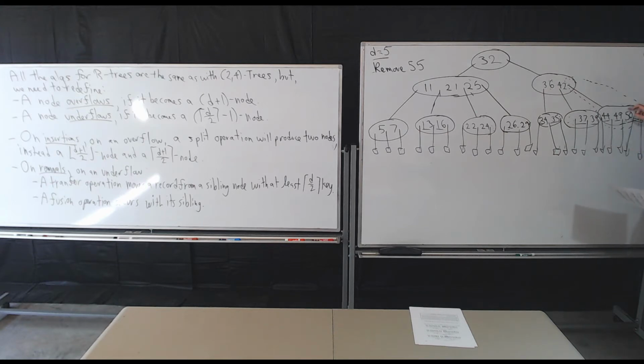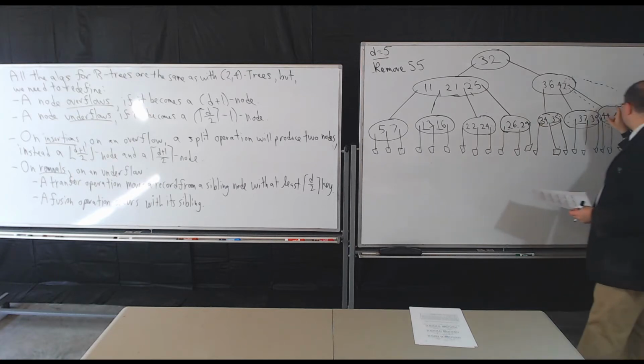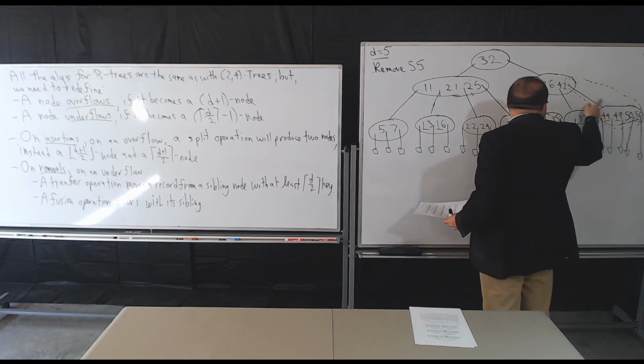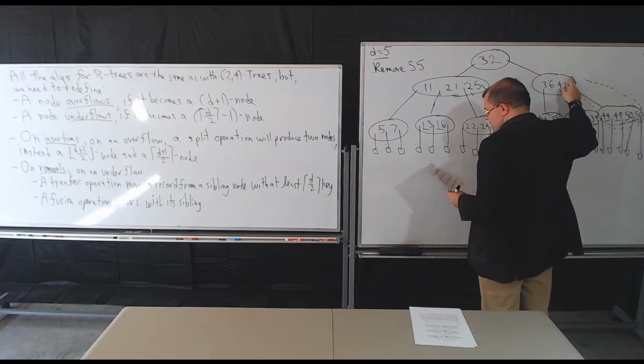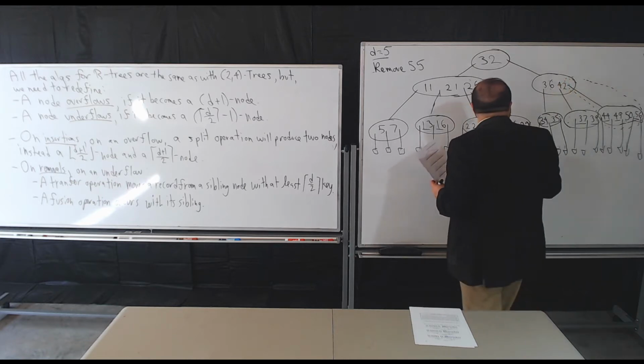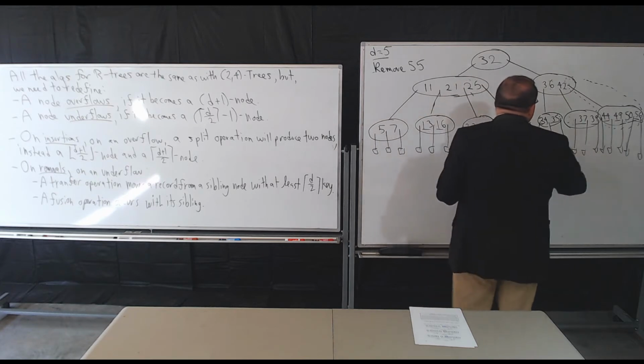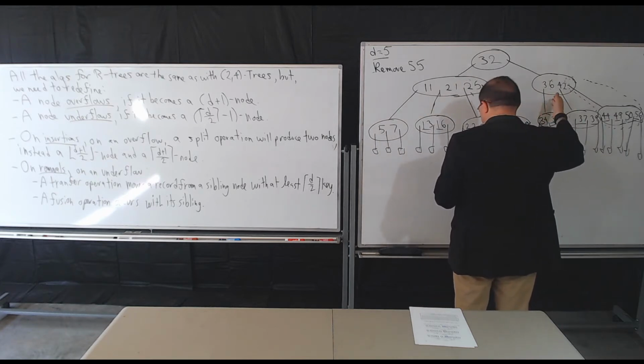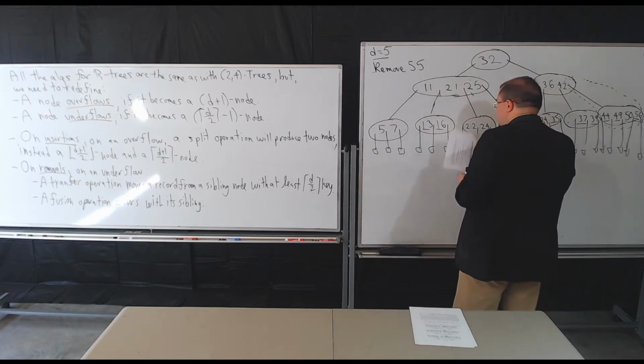Because remember, with fusion, I have to go to the parent and check if that isn't underflowing as well. So it doesn't underflow. So I go up to the parent, and that one's okay at S3. So I think we're okay with that.